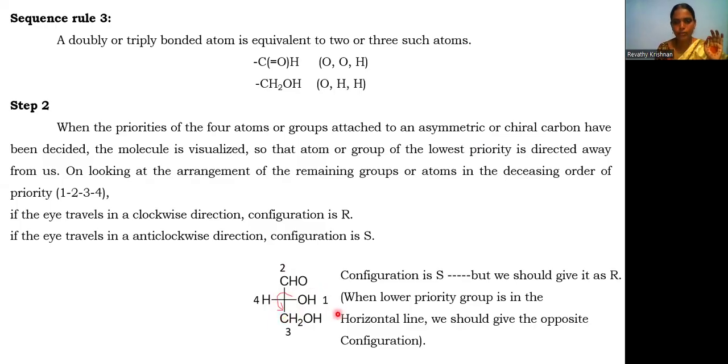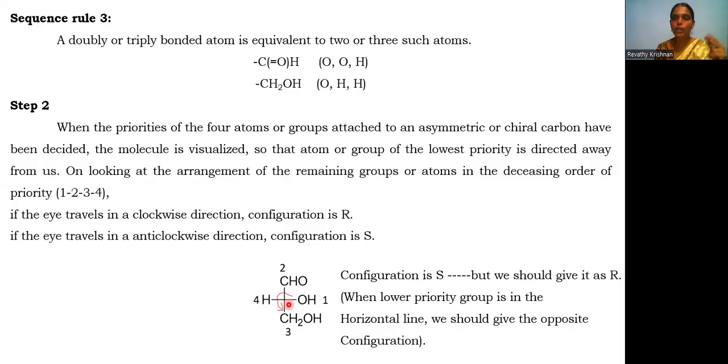In the case of the Fischer projection formula, when the lower priority group is in the horizontal line, we have to give the opposite configuration. Similarly, in the wedge-shaped projection formula, the lower priority group should be in the dash line. Otherwise, if it is in the solid line, we have to give the configuration oppositely.